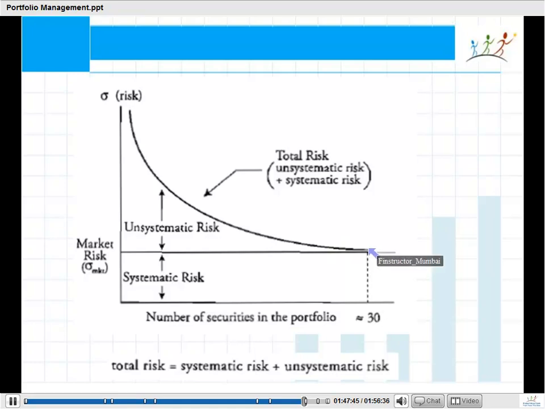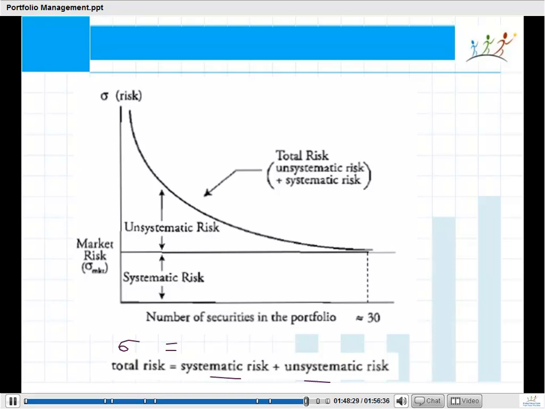It has been seen that if you have more than 30 stocks in your portfolio, if you have 30 different stocks across different sectors or different companies, then you have pretty much diversified away all the unsystematic risk of your portfolio. Your portfolio will only have systematic risk. So total risk of a portfolio, which is sigma, is what? It is a standard deviation. It can be broken down into systematic risk and unsystematic risk.